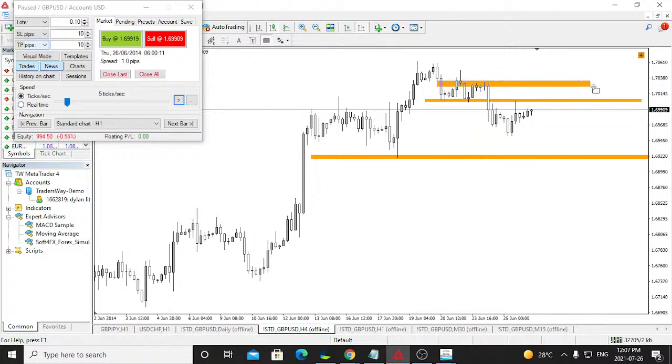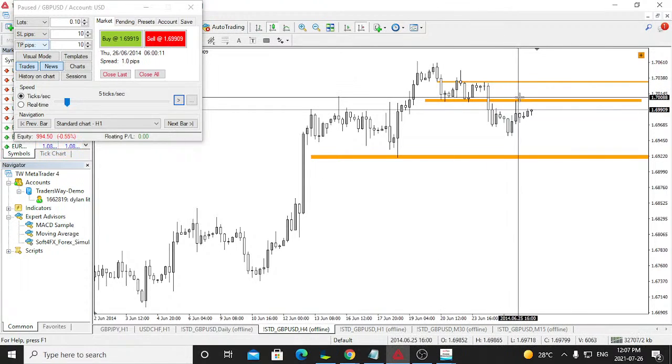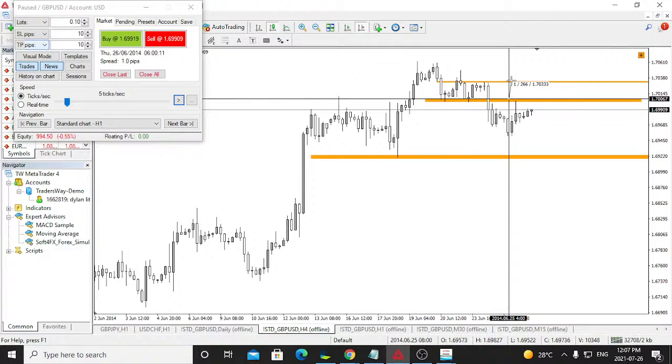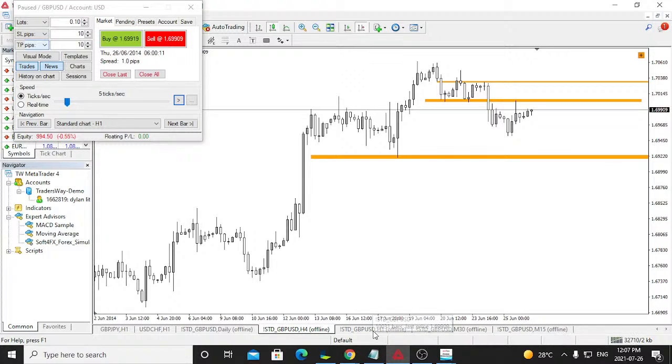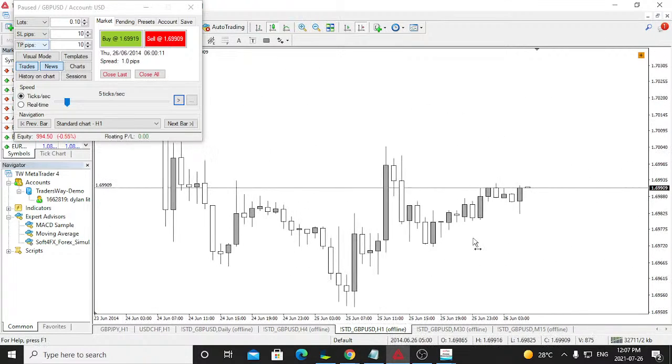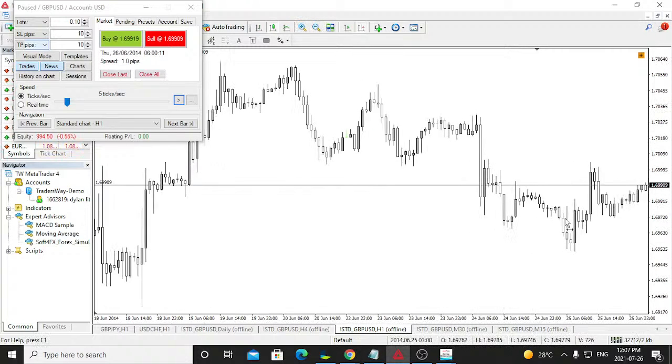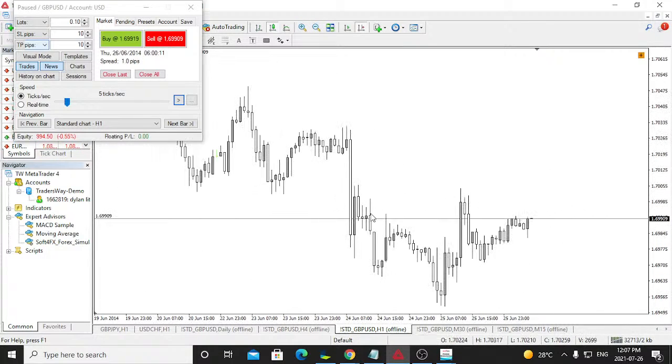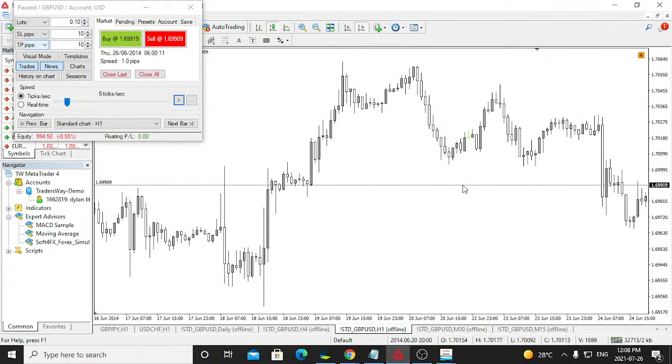Even though we have this clutter, we have this clean candle to the left right here, so clean. And it's a 20 pip gap. Let's zoom in and kind of see what's going on there. Yeah, when you zoom in, there's a lot going on.